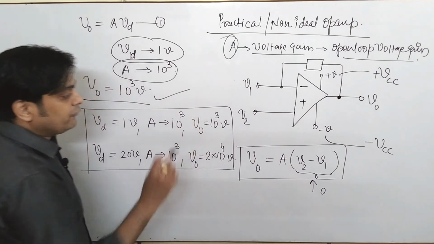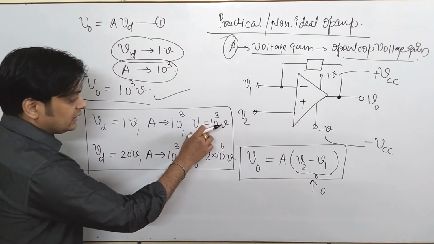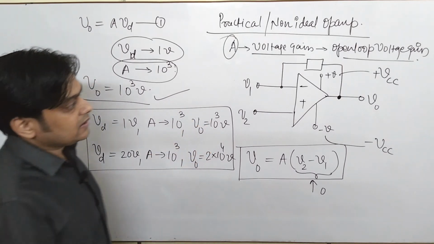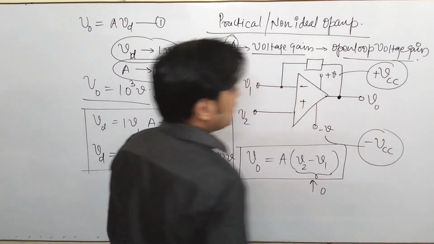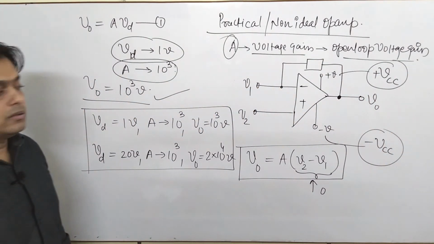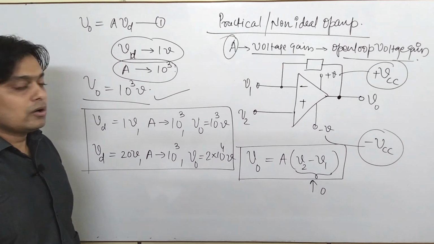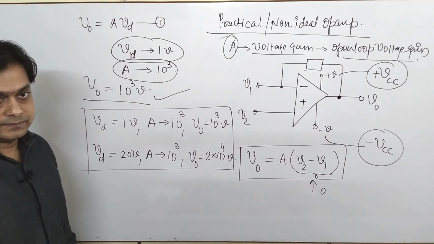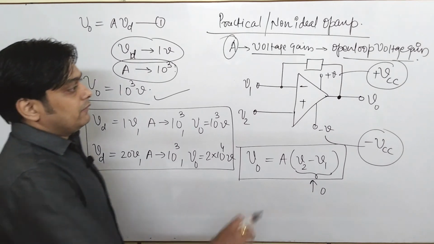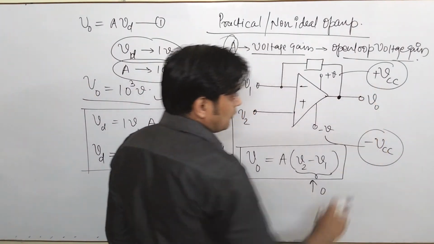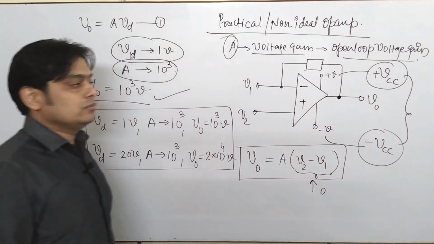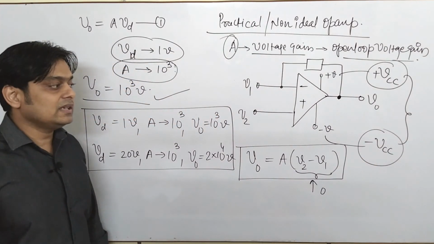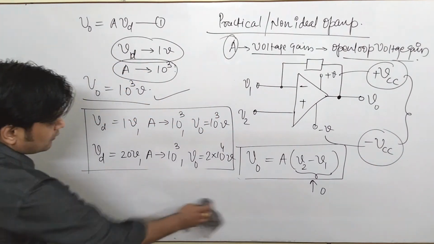You will not get a V0 greater than the voltage which is powered for your operational amplifier. That means the value of output V0 is always restricted between these two values, plus VCC and minus VCC.